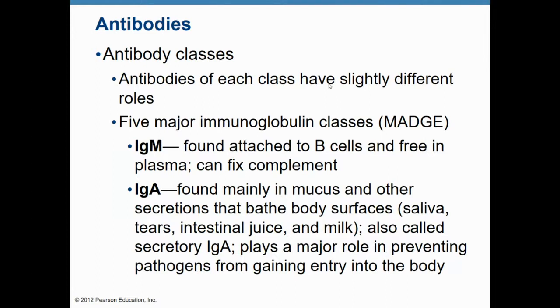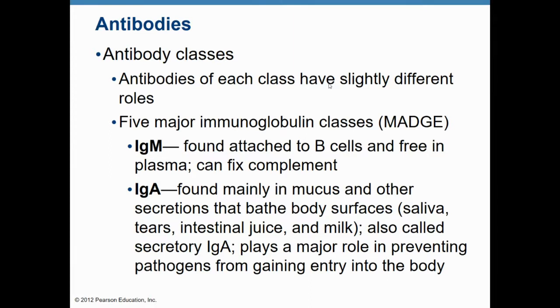So whatever the amino acid sequence in the stem gives us our 5 different classes. Now, these 5 different classes of antibodies are going to spell out the word MAGDE. So we have immunoglobulin M, immunoglobulin A, immunoglobulin D, immunoglobulin G, and immunoglobulin E.